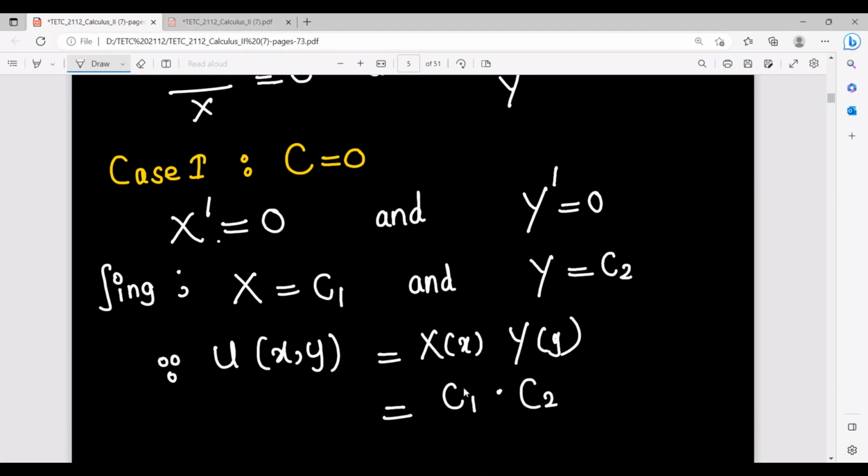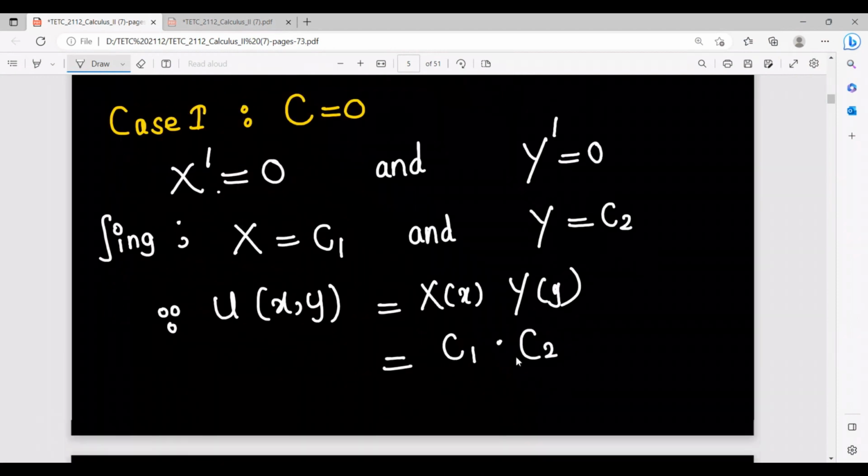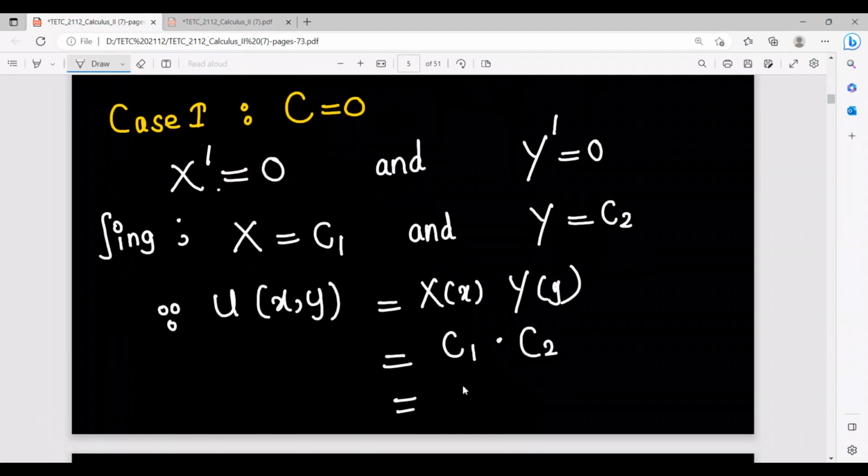What do we get when we multiply constants? A constant. So we can write this equal to A. So this A is a constant and it is equal to the product of these two constants C1 and C2.